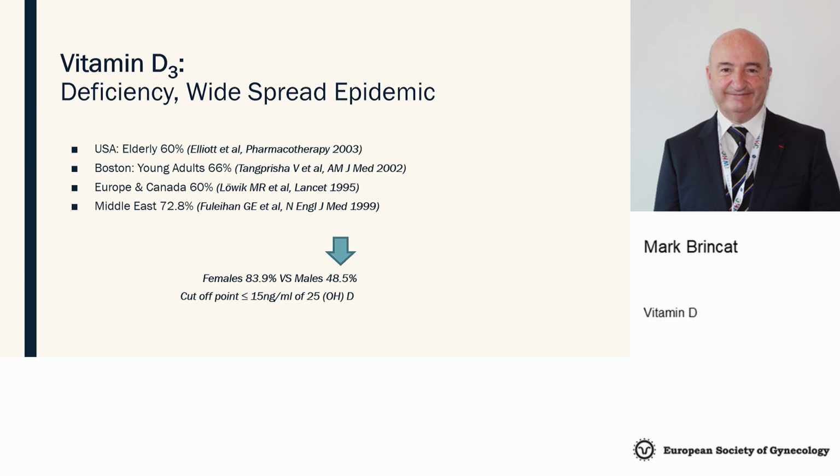You can't consume more than that. The rest you have to produce yourself. And we are now facing, according to the parameters from the American Endocrine Society, what is a major pandemic of vitamin D deficiency. And people say, surely there can't be so much vitamin D deficiency, they must be wrong.